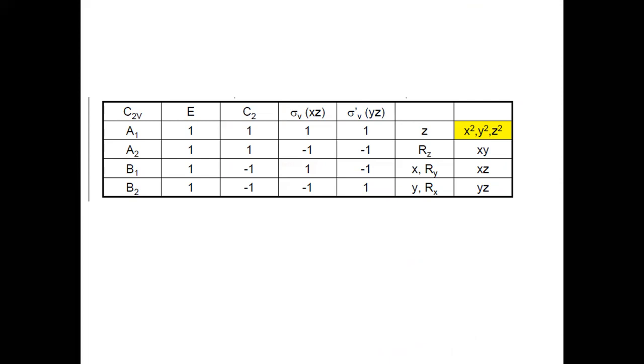So you can say the number of rows and the number of columns in any group will be the same, because if these are 4, there will be 4 representations. If they are 6, then 6 representations will be there. So we can say that the number of rows and number of columns will be the same in any group.